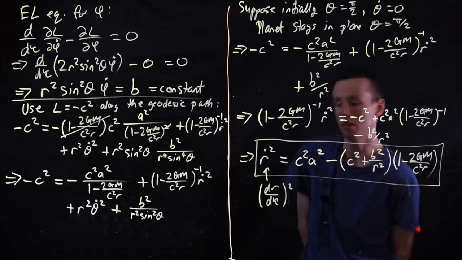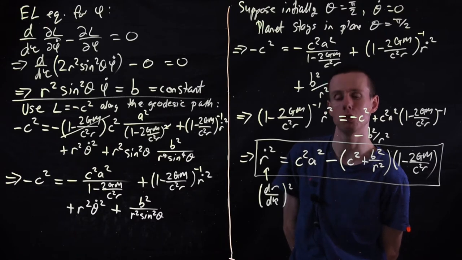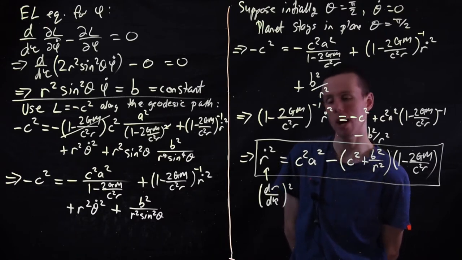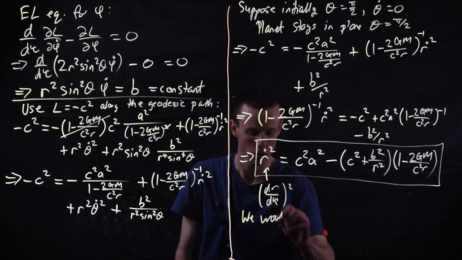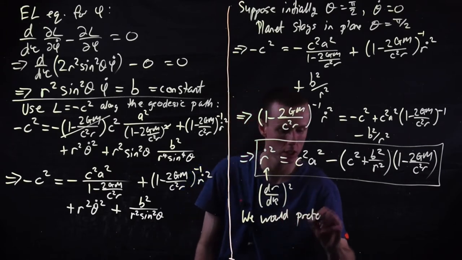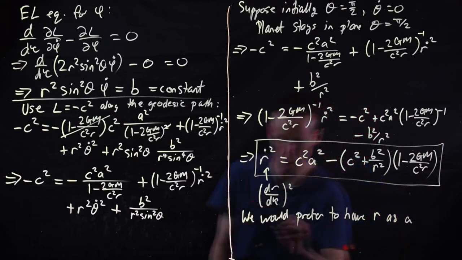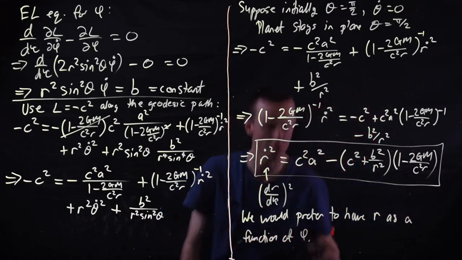Fine, that's one way of writing it, but what we would actually prefer to do is to eliminate tau completely, and rather just express r as a function of phi. So we would prefer to have r as a function of phi.